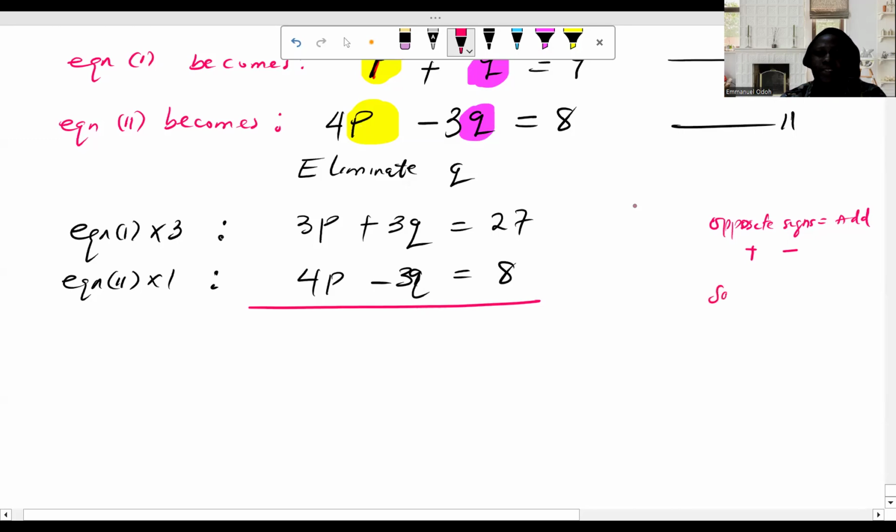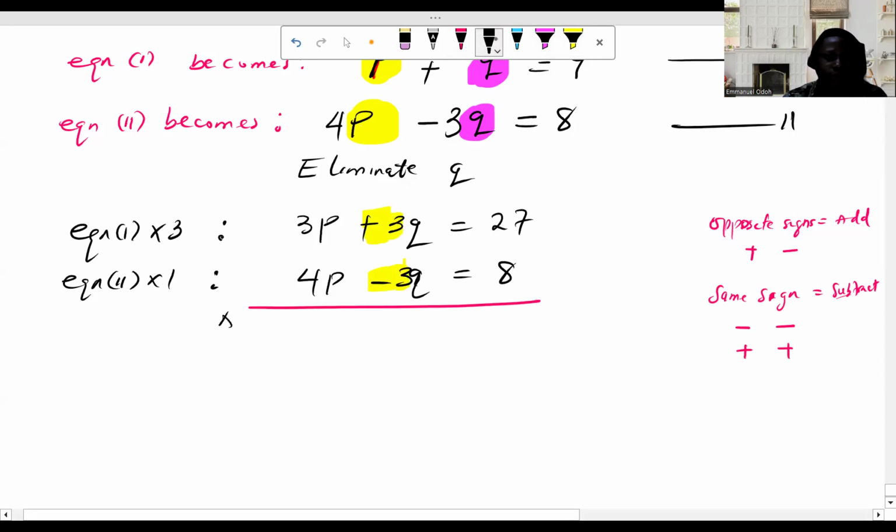If they are the same sign, you subtract. But in this case, what we have is plus 3 and minus 3, so they are opposite signs. So I'm just going to add.